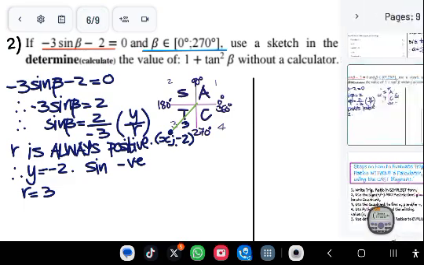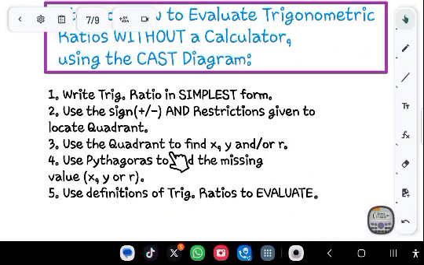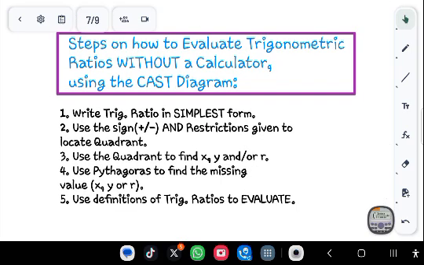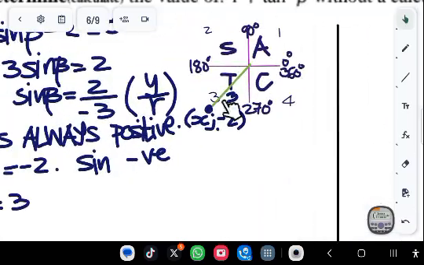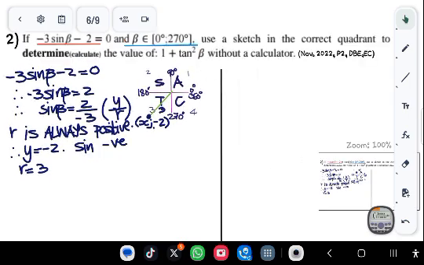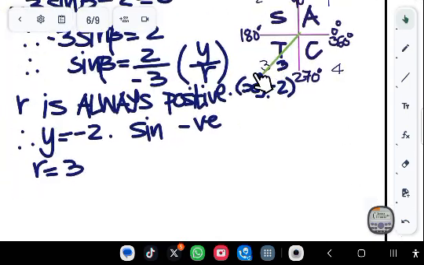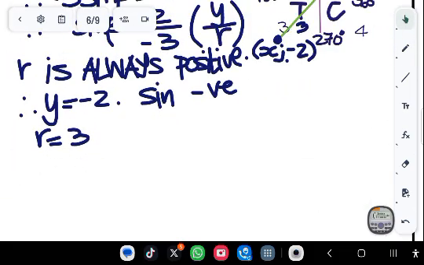So this is what we do. Step number 3. Use the quadrant to find x, y, and r. Okay, there we located the quadrant where the point is located based on the information given and the restriction. It's quadrant number 3. Now we know that our y is negative, so therefore y will be equals to negative 2, and the hypotenuse r is always positive, so it will be 3.